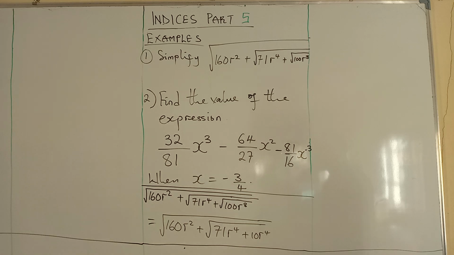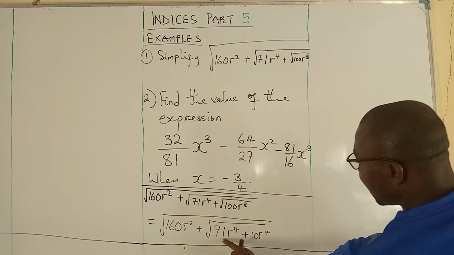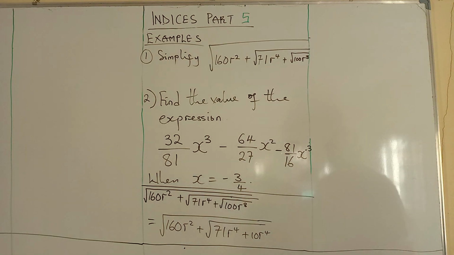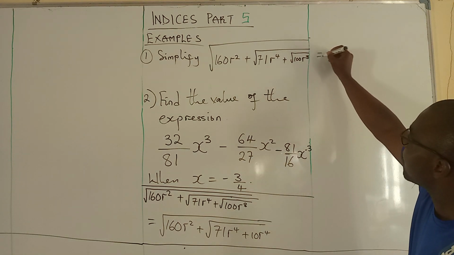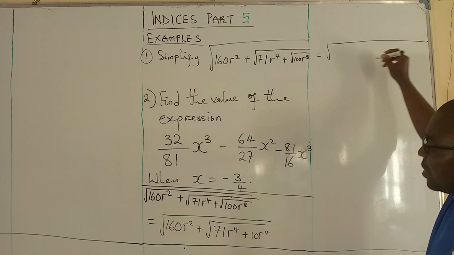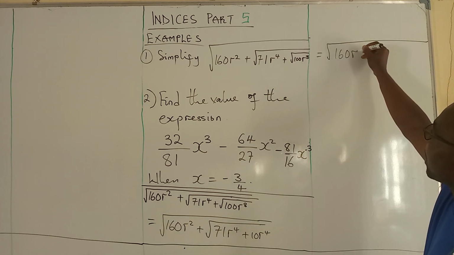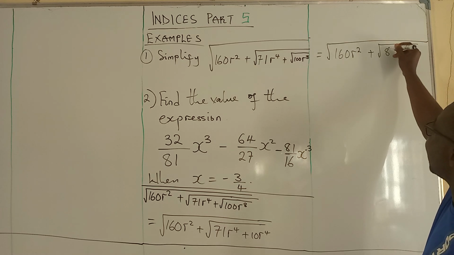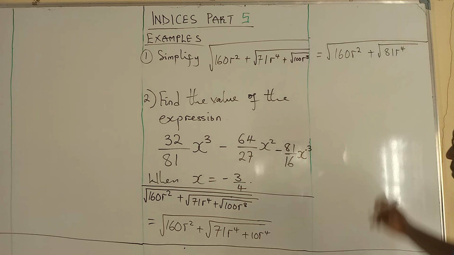Now looking at this, 71r raised to power 4 and 10r raised to power 4, they are common. You can add them, and when you add that, you have the square root of 160r to power 2 plus the square root of 81r to power 4.